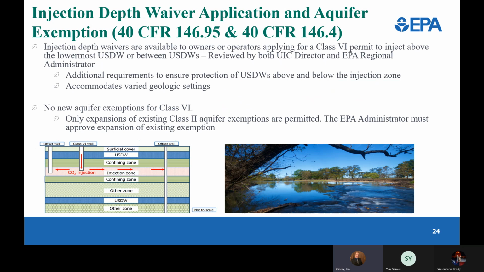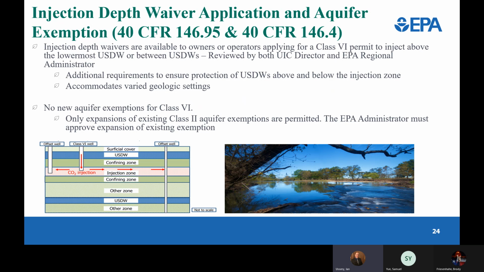Next slide. Thank you. Okay, now the last two components I want to talk about are, for the most part, optional. They are site specific. So you have the Class 6 injection depth waiver requirements, which provide a process under which Class 6 well owners or operators can seek a waiver from the injection depth requirements in order to inject carbon dioxide into non-USDWs that are located above or between USDWs.